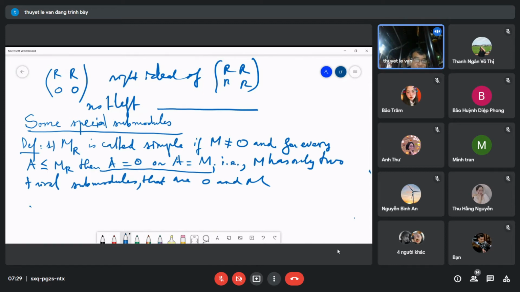The second definition is the minimal submodule.